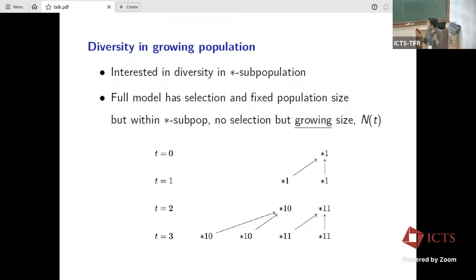The full model has selection, and it also has a fixed population size N. But if I'm interested in the population with the star only, then I remove all the other stuff and just track the population with the star, that is, the one with the selected site. In that case, it's a population of growing size. It will grow, right? Because it's the selected one. But all these 1 zeros and 0 ones are there.